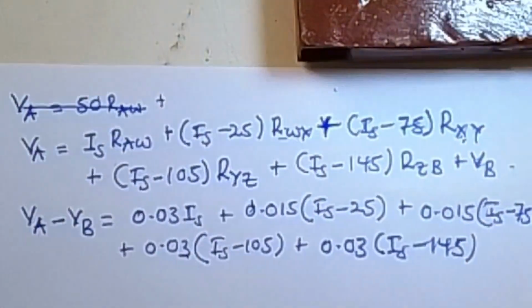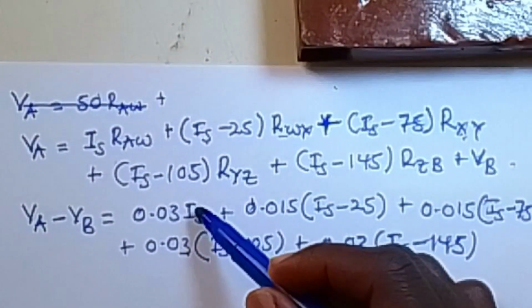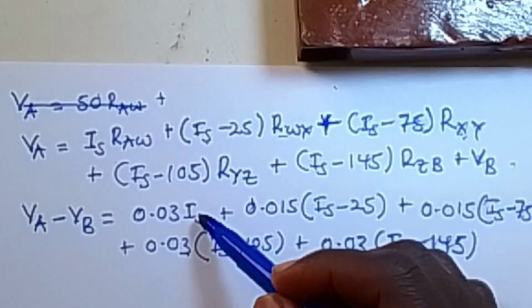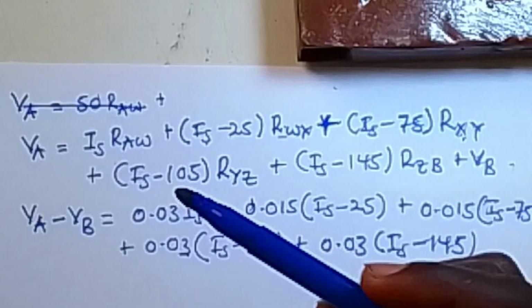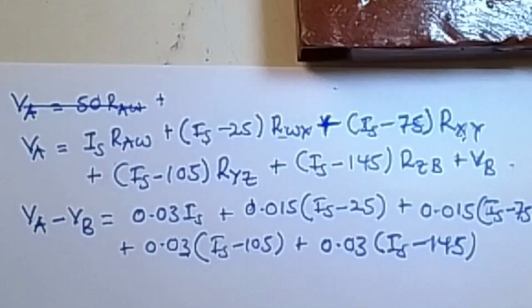So when we come up with that expression, it becomes simpler for us, and therefore we can get the values that we want. You realize that the only unknown we have here is IS, because VA is given and VB is given. Remember from our question, they told us VA was 230 volts and VB was 235 volts.